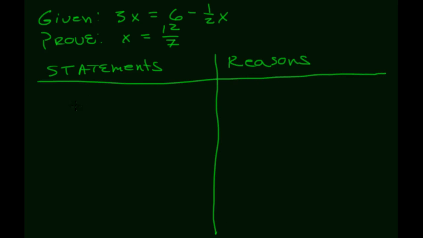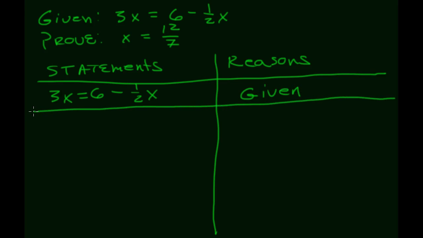Okay. So the very first statement I can make that's an accepted statement is that 3x is equal to 6 minus 1/2 x. And why do I accept this? Because it was given to me. So I can accept that because it was a given statement in the problem. Now, I want to progress to get x by itself.